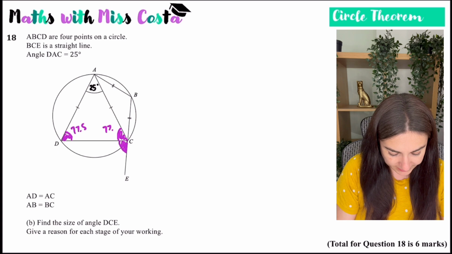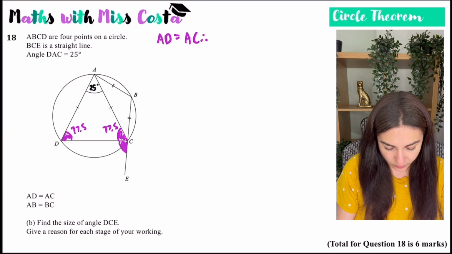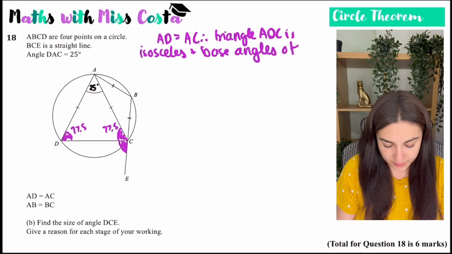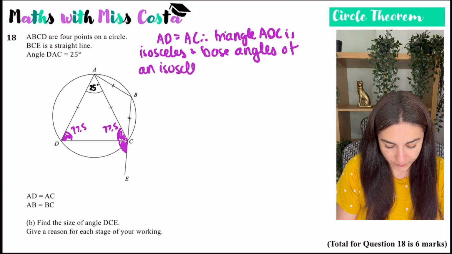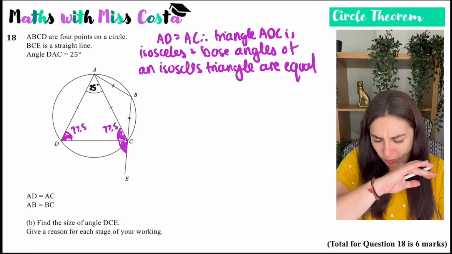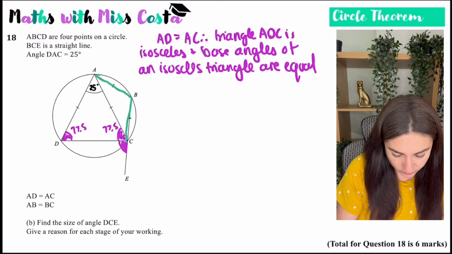The reason I've done this is because AD equals AC, therefore triangle ADC is isosceles, and base angles of an isosceles triangle are equal. It wants reasons, so that would be my reason. Next, I know that AB equals BC.